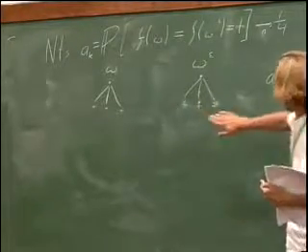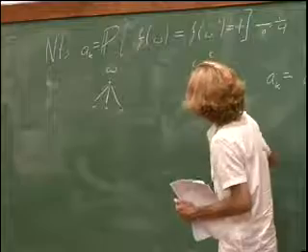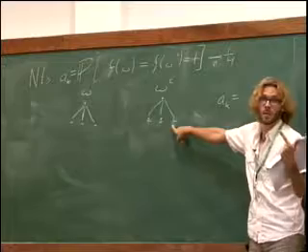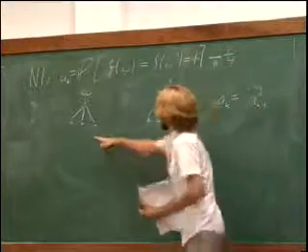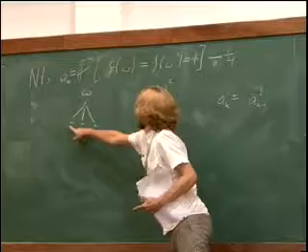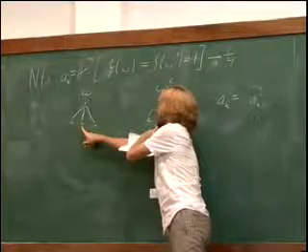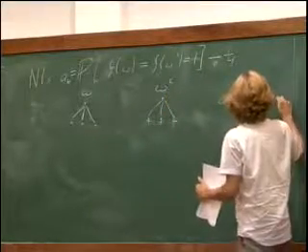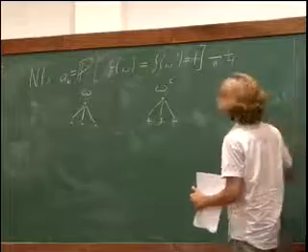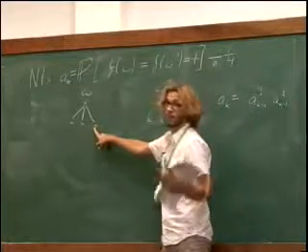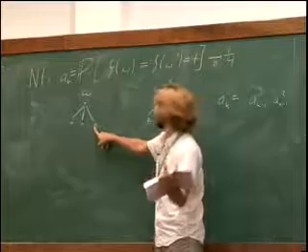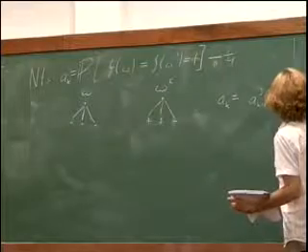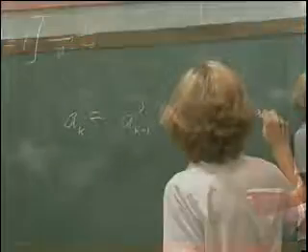But it can happen in other ways. It can happen that there was all pluses there and only one of them flipped to a minus. What's the probability of that happening? Well, that's A_{k-1} squared, and here we have a half, the probability that we have a plus there, times a half minus A_{k-1}.